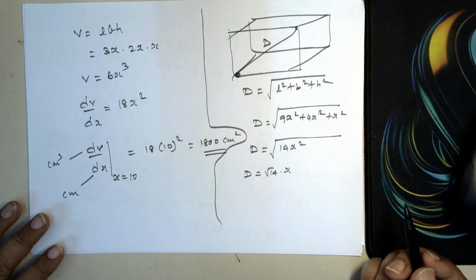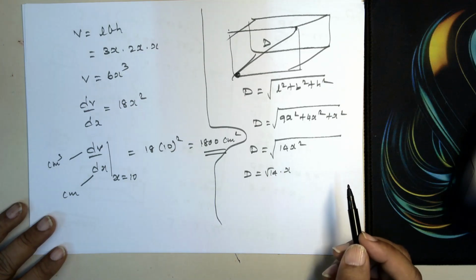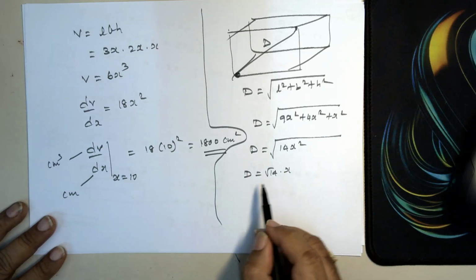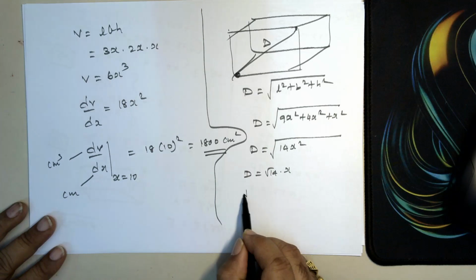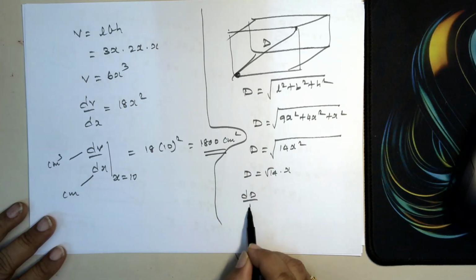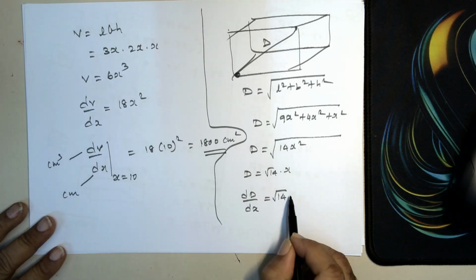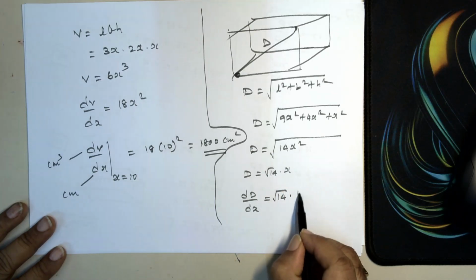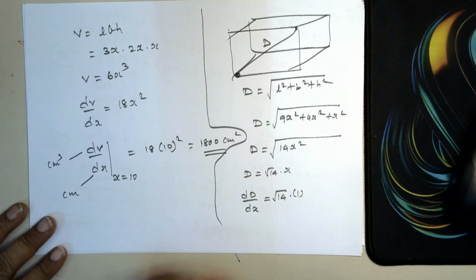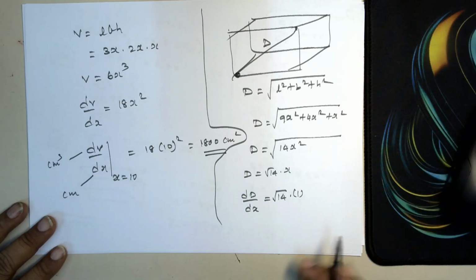Okay. Now, this root 14 into x, you have to differentiate D with respect to x. So that is equal to root 14 is a constant, you can leave it. And for x, this is 1. It means root 14. Okay.